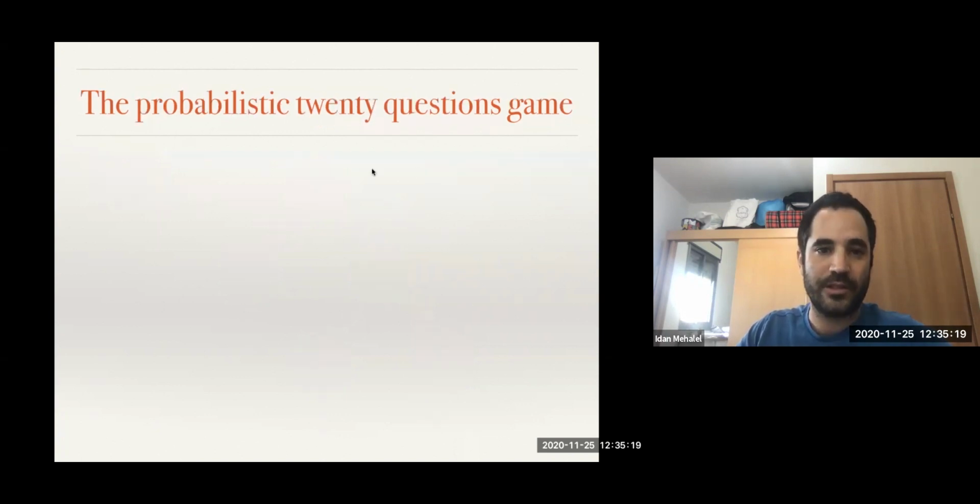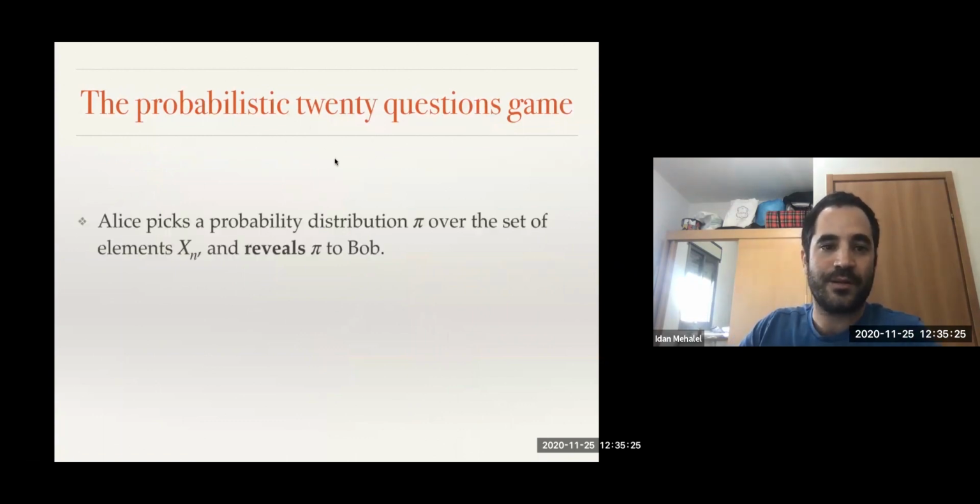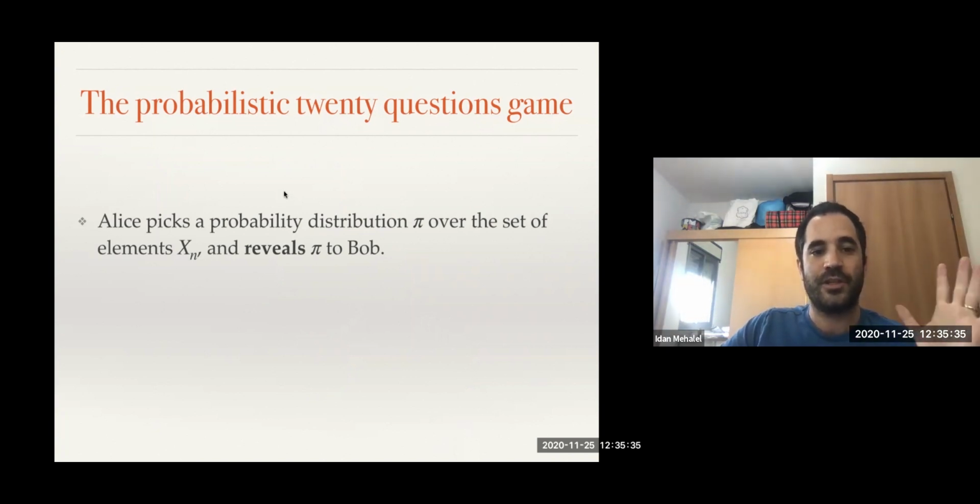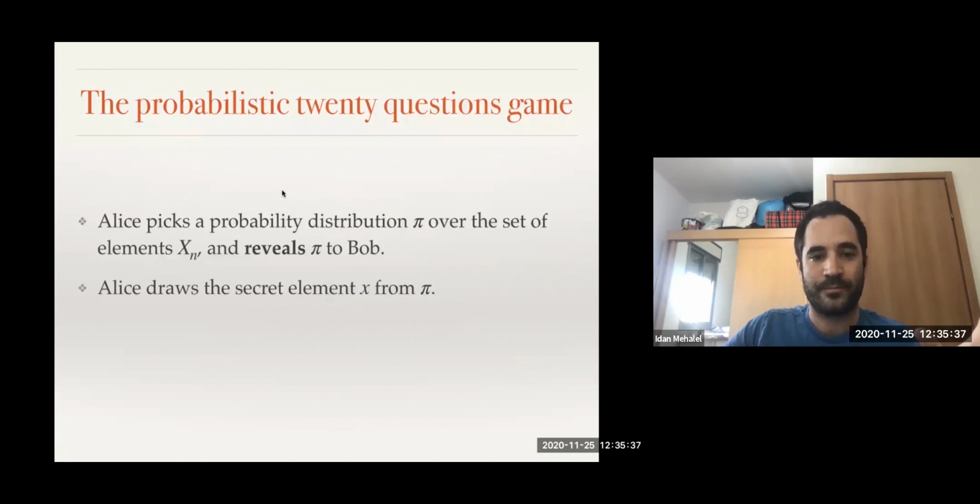But what we are actually interested in is a variation called the probabilistic 20 questions game. In this game, first Alice picks a probability distribution pi over the set of elements Xn, and she reveals pi to Bob. And then Alice draws the secret element X from pi.